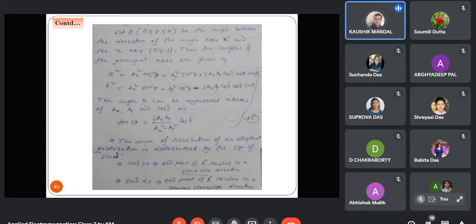You can derive all these things; I am not going into the derivation of these parameters. So A square will be this, and B square will be this, and the tilt angle tan 2 phi you can find using these equations. This set of equations 5 comes from the background of coordinate transformation.